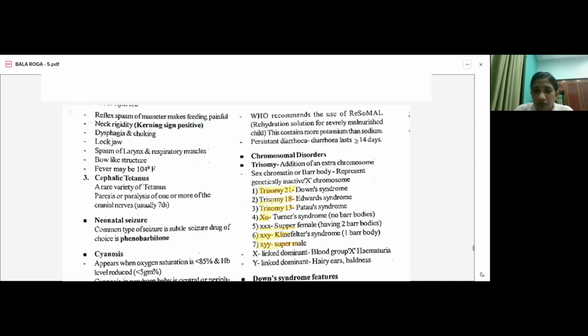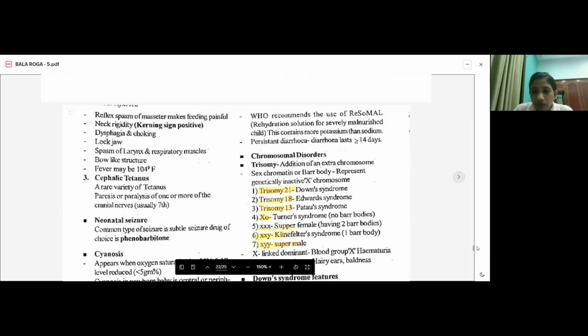Then coming to the chromosomal disorders, this is also very important. Mark this as 3-star important. The trisomy means addition of an extra chromosome. A sex chromatin or Barr body represents a genetically inactive X chromosome.